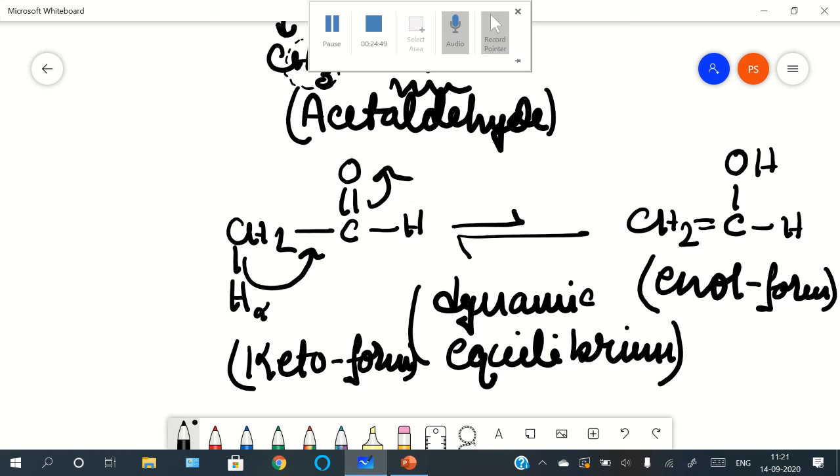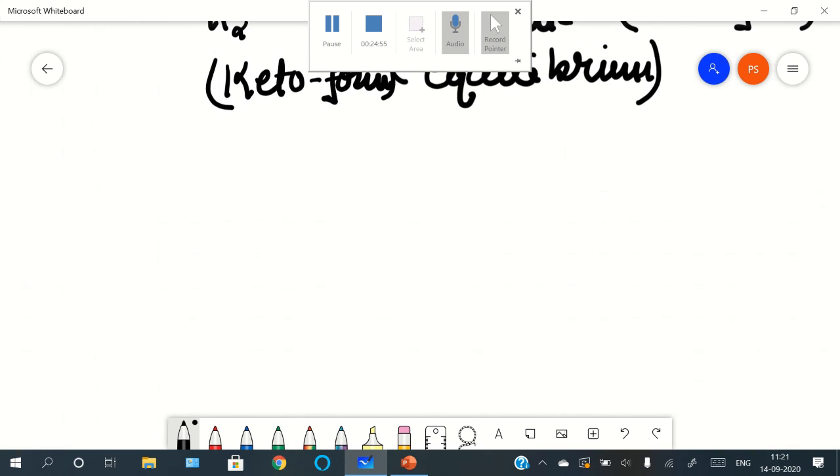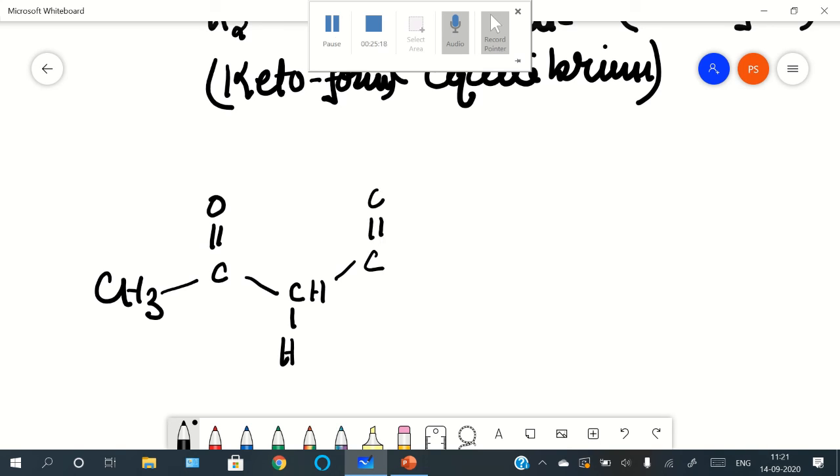Now this entire thing is known as keto-enol tautomerism, but there are certain compounds which do actually give a higher stability to the enol form, like this compound. This is a dione. This is an alpha hydrogen, and thus it is undergoing tautomerism.